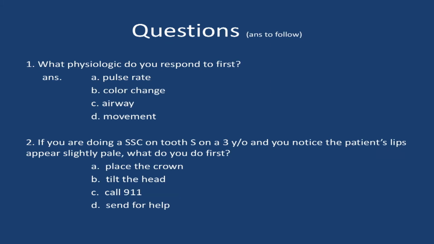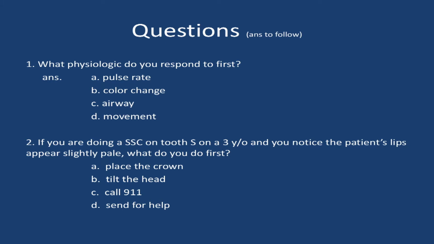So what would be some questions that would be easier to ask yourself about what's going on with these patients? The question you might first ask is, what physiologic response is happening and what do you respond to first? The choices are the pulse rate, color change, airway, and movement.